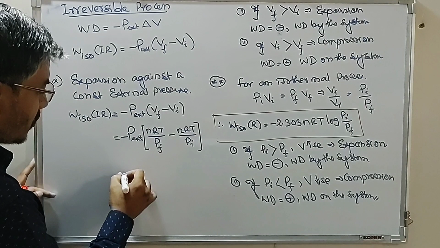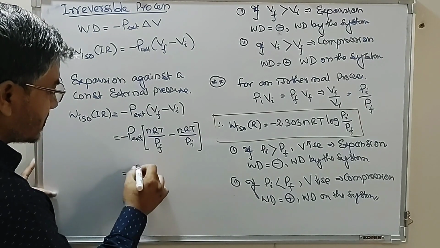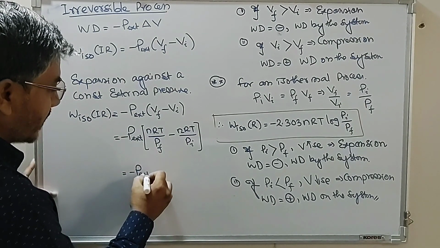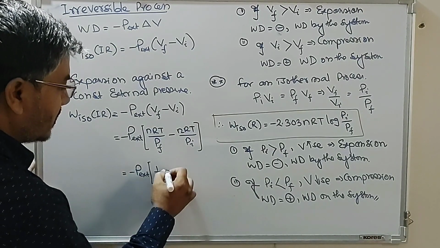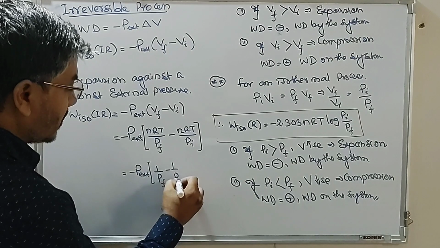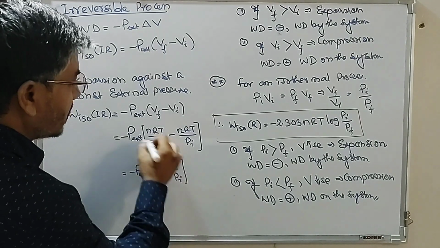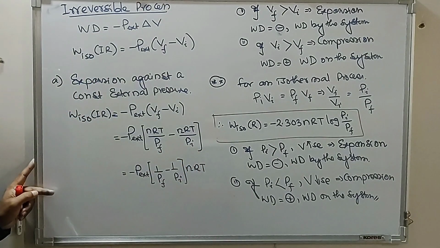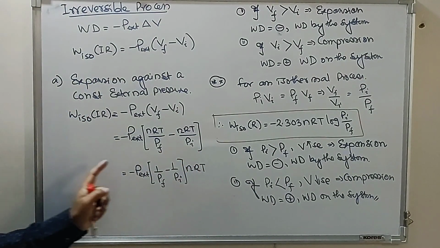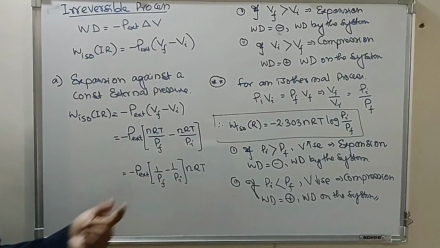So nRT is a constant, so we can take it out: minus P external times (1 by P final minus 1 by P initial) times nRT. So if the initial and the final pressures are given, then we can use this equation.